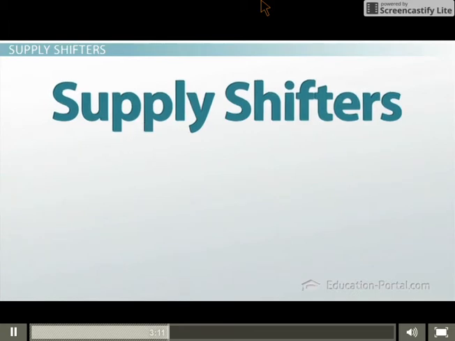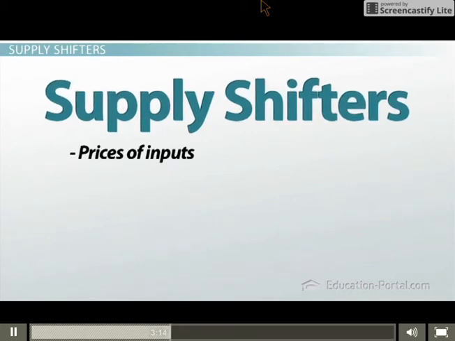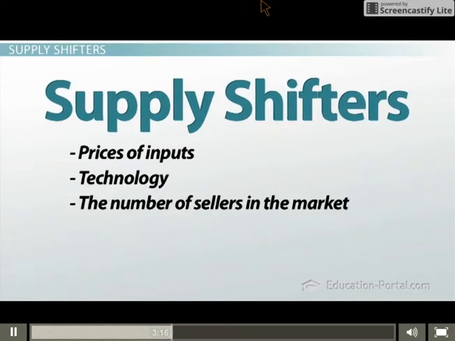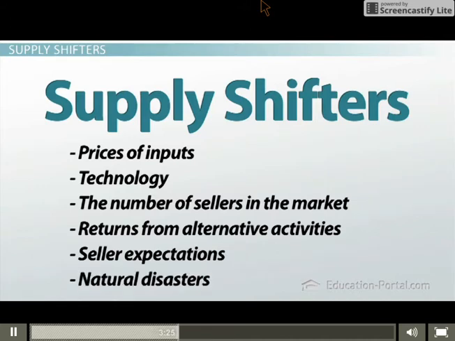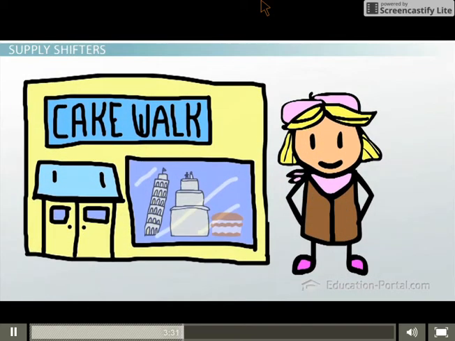Supply shifters include prices of inputs, technology, the number of sellers in the market, returns from alternative activities, seller expectations, and natural disasters. Let's look at an example of each one of these supply shifters using Mandy's Cakewalk.